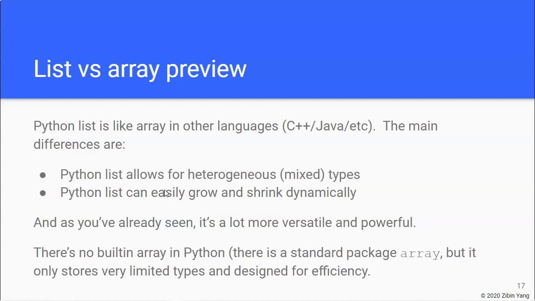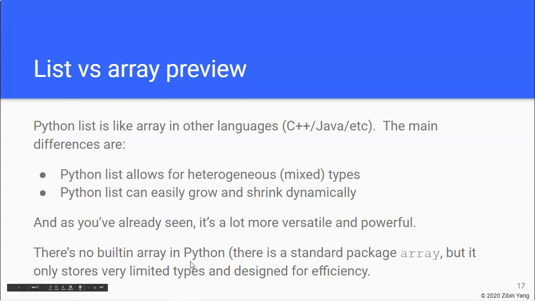For example, as we already saw, it allows for heterogeneous types in a list. And also, a Python list can grow and shrink very easily, unlike an array, which can come in very, very handy. There are other differences, and a list is just a lot more powerful than an array in general.